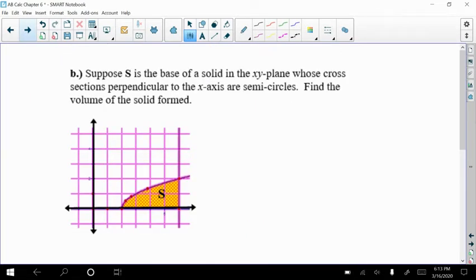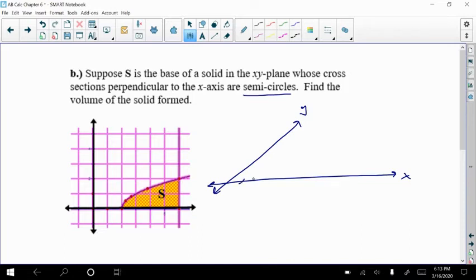I'm going to keep that same region, and this time, though, I'm going to make the regions semicircles that create this volume. So again, I might want to reconstruct the image here. I like to draw that perspective. It just helps me see this and try to create some sort of representation.